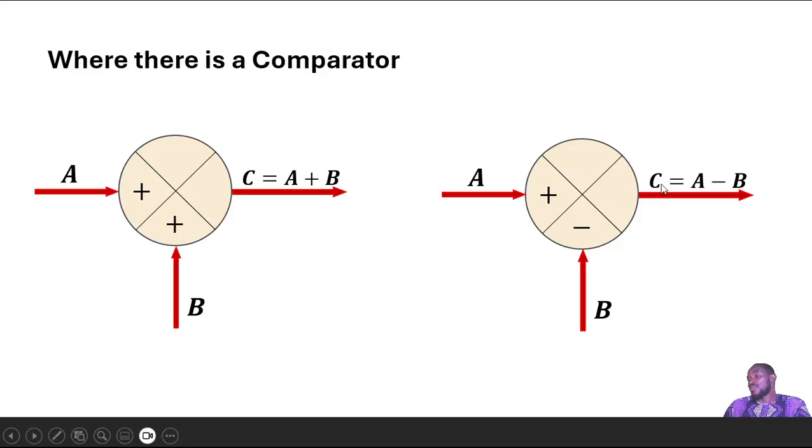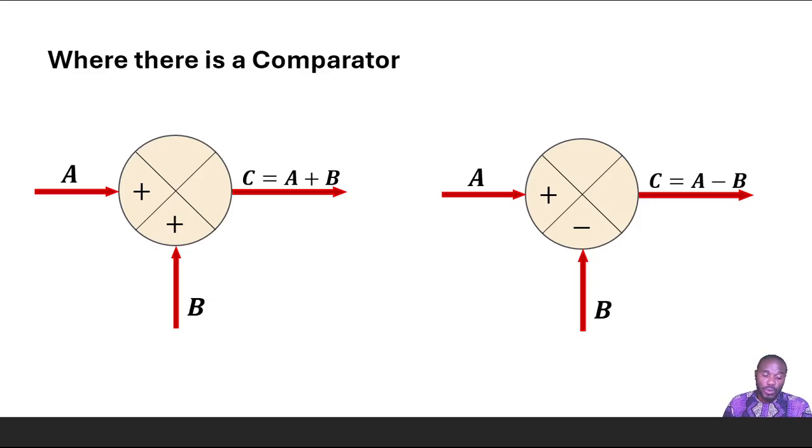So the output from this negative comparator is A minus B. This kind of simple operation is possible when you are in the Laplace domain, the S domain. It's not as straightforward in the time domain, and that's why we always do the transform, in order to make this possible.